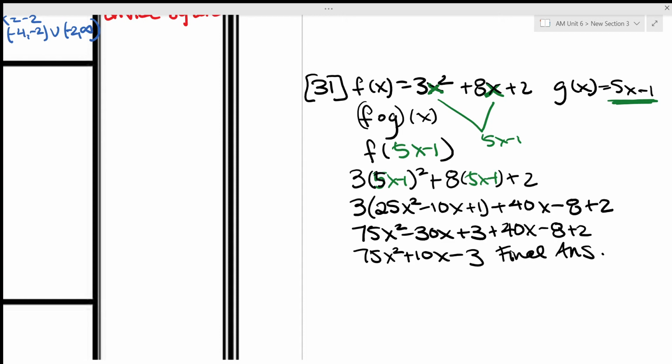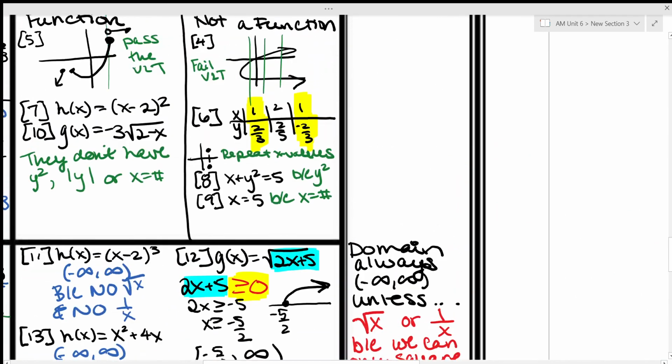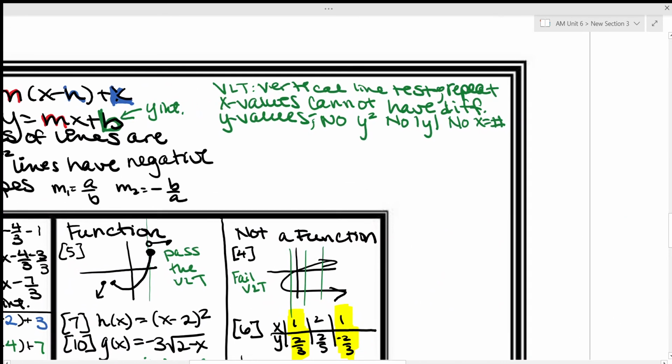Okay. Inverse functions are going to use something called the vertical line test and the horizontal line test. So I want to go back up to the top real quick where I wrote vertical line test, and I want to write something about horizontal line test, okay? Okay, so I'll grab my blue pen here. I'm going to use HLT for horizontal line test.